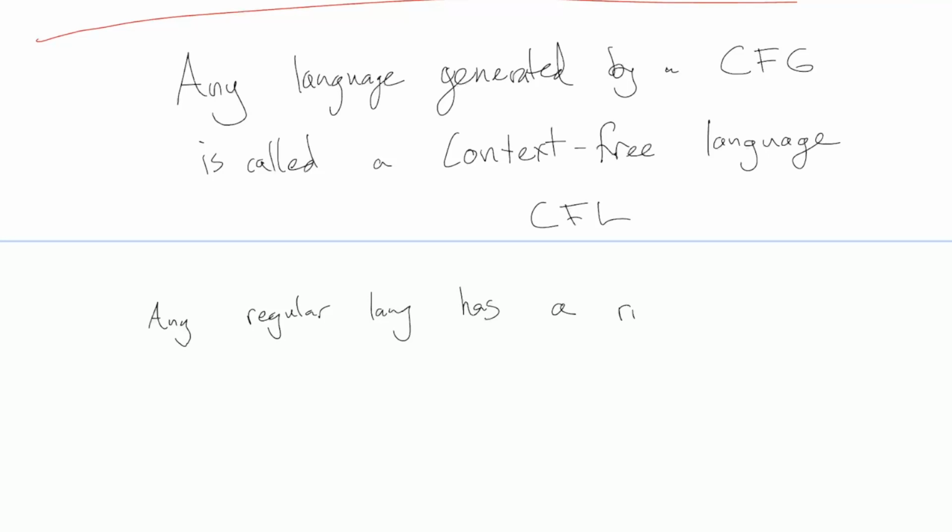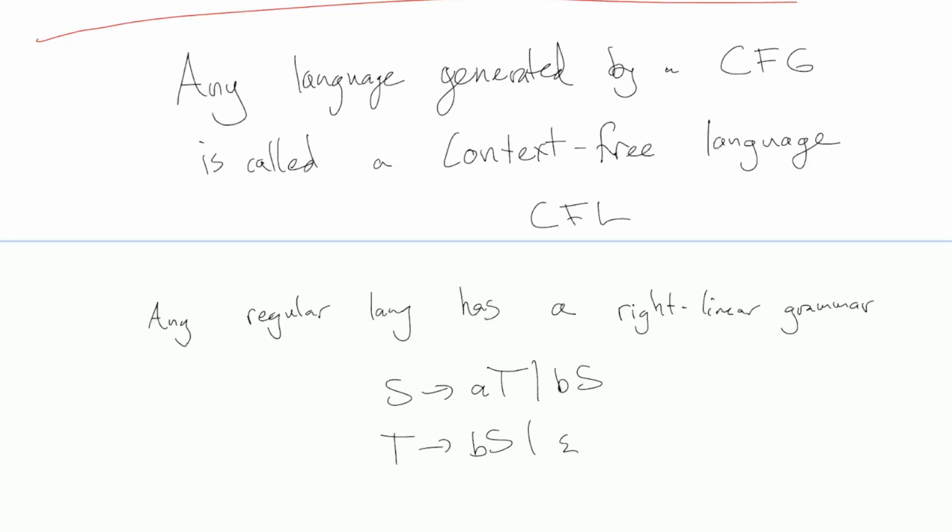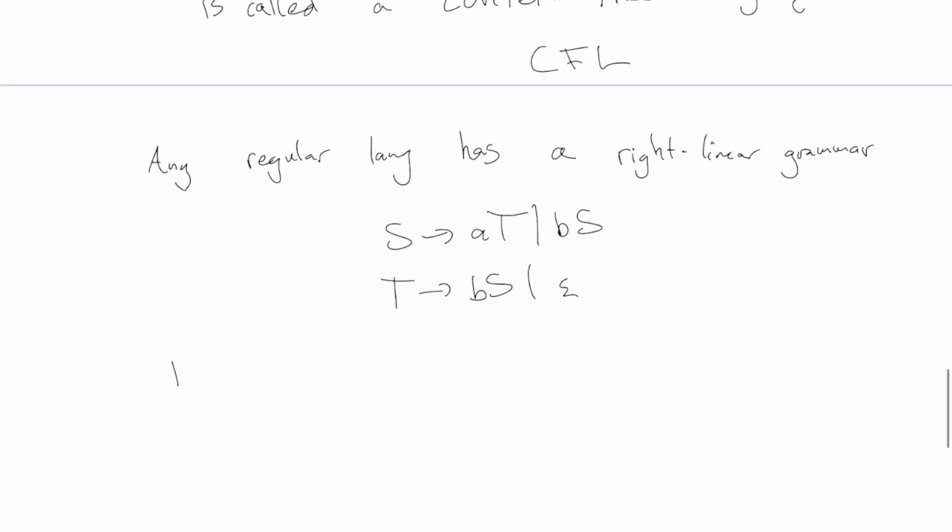Any regular language has a right linear grammar, ones that look like, something like S goes to AT or BS, T goes to BS or epsilon, right? If you got them from an NFA, then your grammar is going to look something like that. And this is automatically context-free because the left side of the arrow has no funny business there, all right? So any regular language gives you a grammar like that, and these are always context-free grammars.